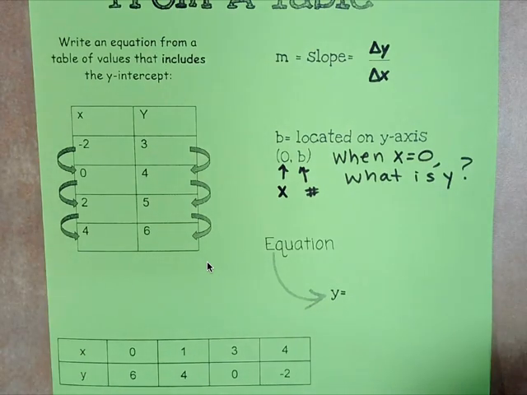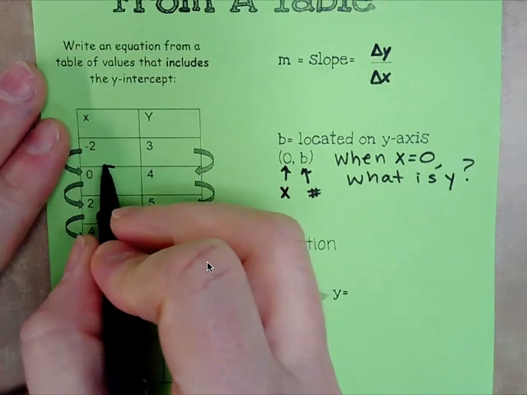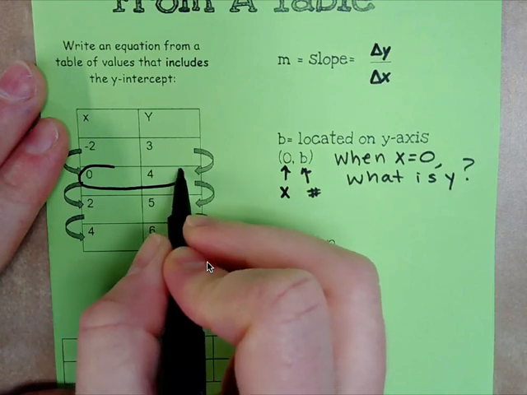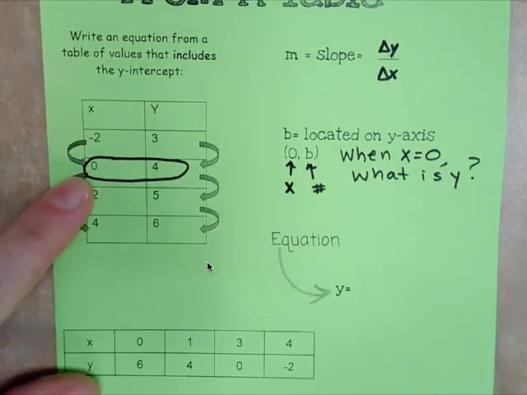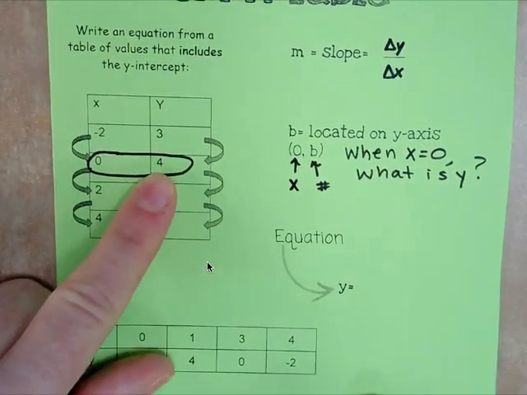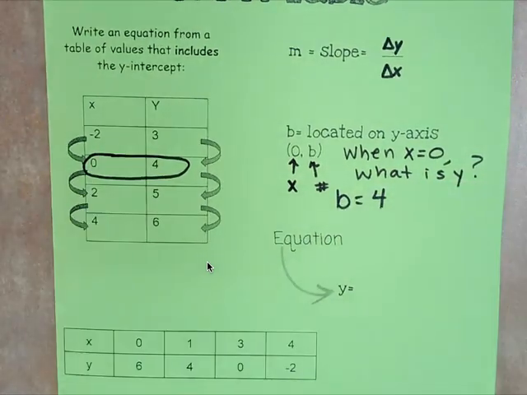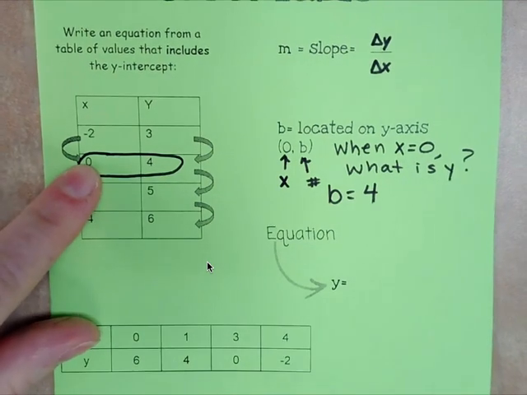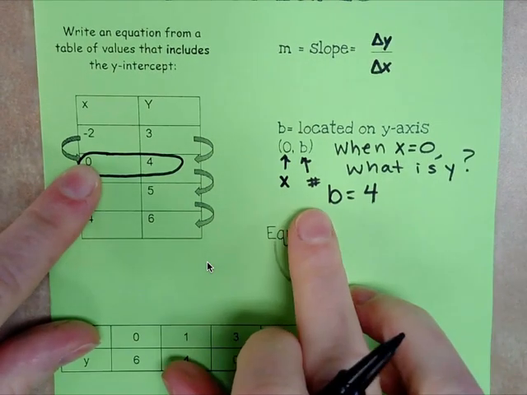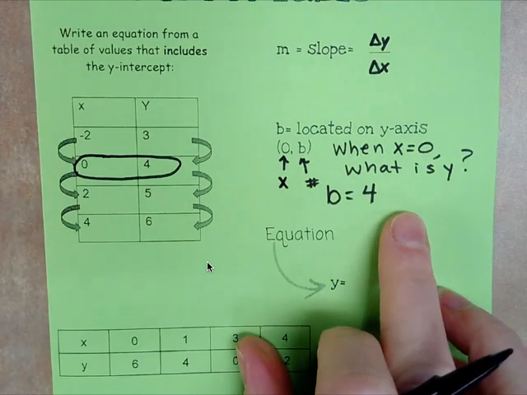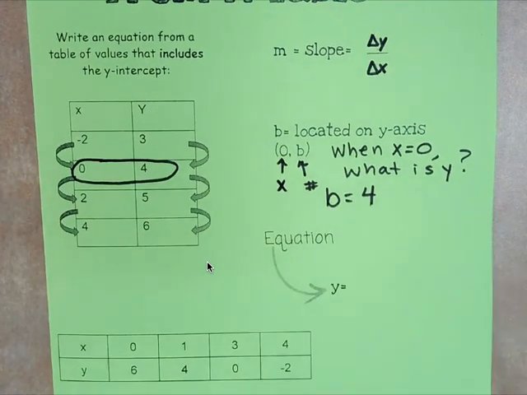Do y'all see where x is 0? Yes, go ahead and circle it. When x is 0, what is y? 4. So that means b is 4. I want you to circle it on your table and then write b equals whatever. So in this case, it's b equals 4. So we know our y-intercept.